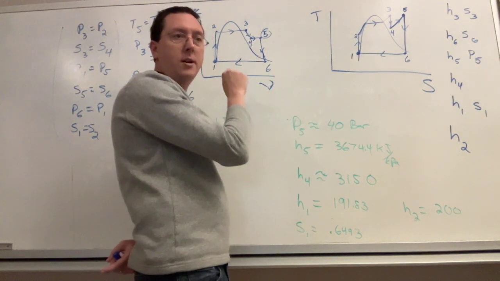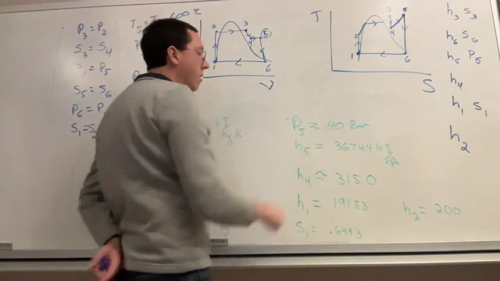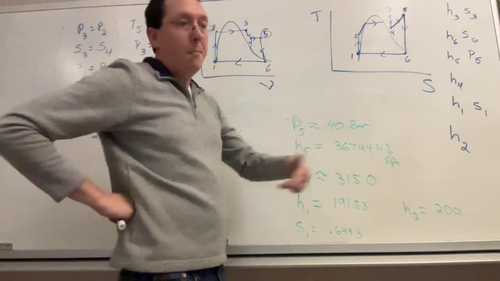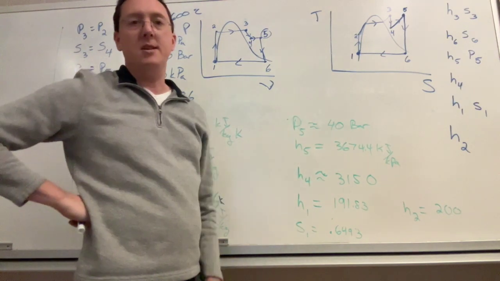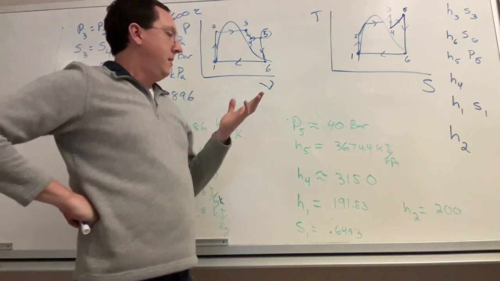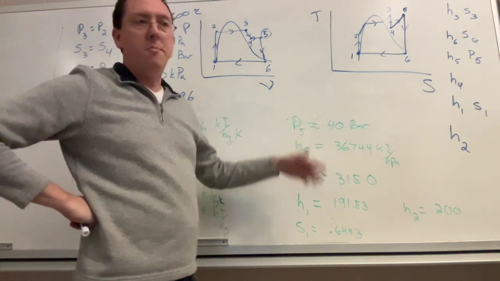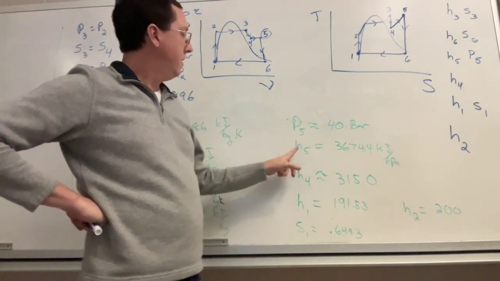What's the pressure going into the reheat boiler? 40 bar. And that matched what the other book that I got this problem from used. They had different tables than us, but it all matched within the rounding.